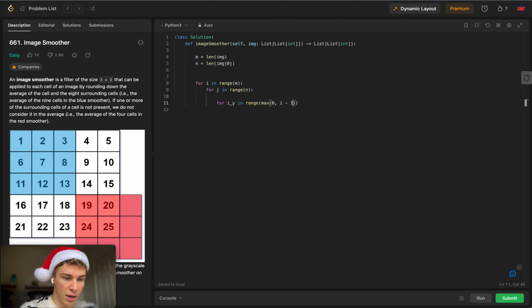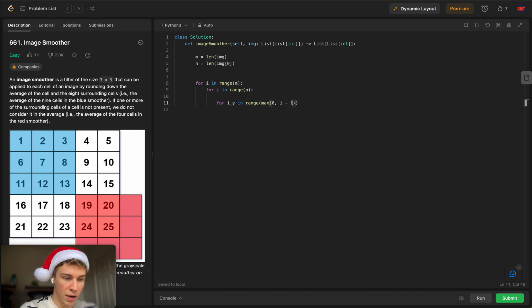Now I also need a sum, right? And this sum is literally just going to be img[iy][jx]. And I also need a result. Let's have the result be here.